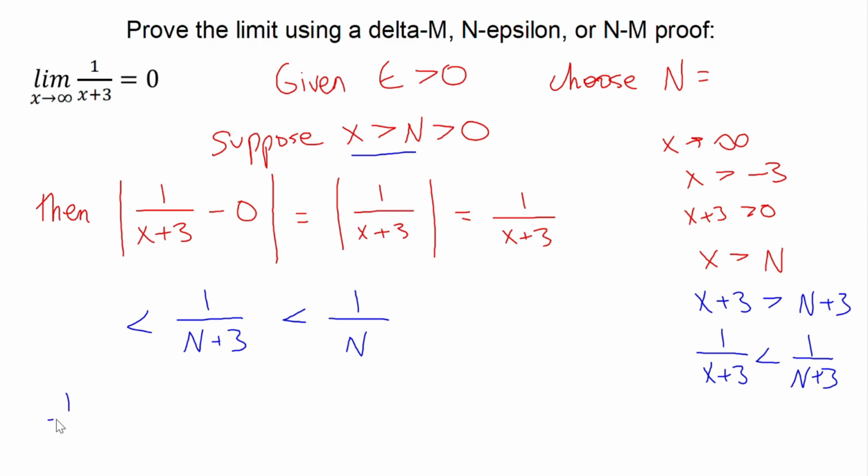We can say, well, 1 over n is equal to epsilon, which means that n is equal to 1 over epsilon. So we'll choose n is equal to 1 over epsilon. And that should be our final answer for this one.